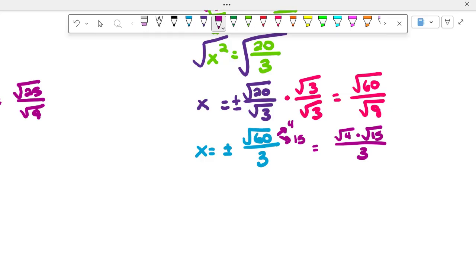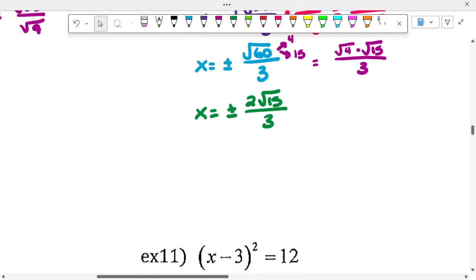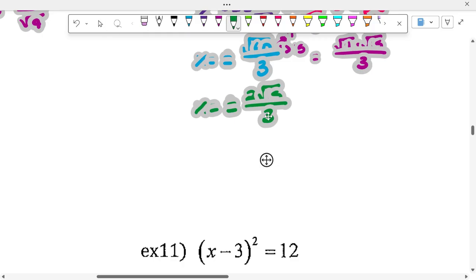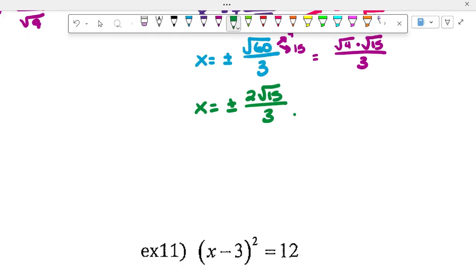We just leave the denominator alone for right now. But what's the square root of 4? 2. So x is equal to plus or minus 2 square root 15 over 3. Is there anywhere else I can simplify? No. 2/3 is a fully simplified fraction, so we can't simplify that, so we're done.